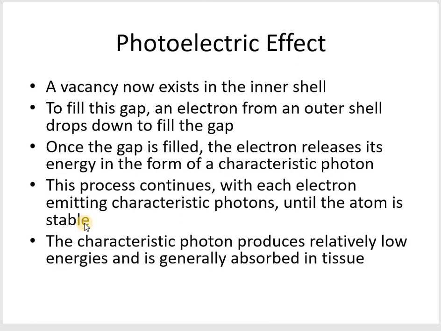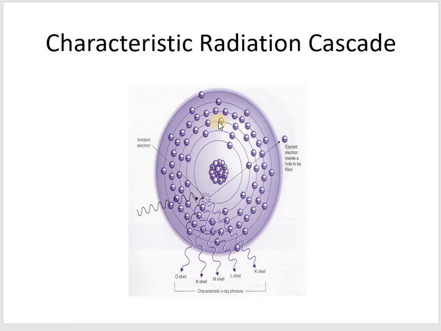It's just more dose to your patients. So this figure best explains the production of fluorescent X-ray within human tissue or any subject matter, as the vacancy at the K-shell is filled by an electron from an outer shell, and this produces cascades of characteristic photons.